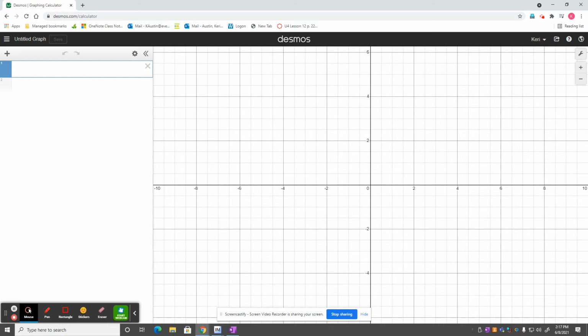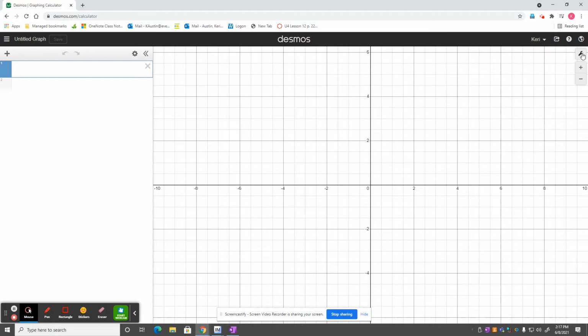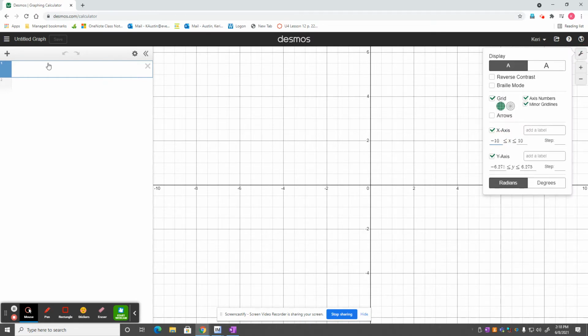First let me get the window the same. The x-axis is from 0 to 6. It's not going to let me do this. Oh, I'm not on mouse.